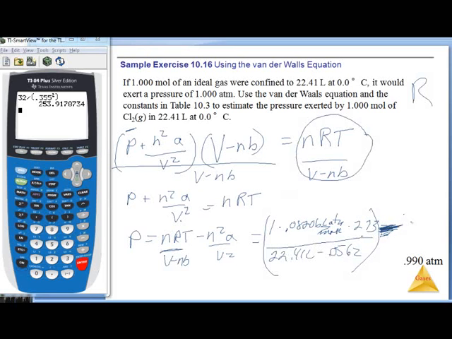This is a minus, not an equals. Minus n squared, which is 1, times A, and A I look up on the table for chlorine, and it's 6.49, and I put that over my volume squared, and my volume is 22.41 squared. So it looks like a beast, but in fact this is relatively simple math once you just plug it in, and if I do plug all that in, I end up with 0.99 atm.